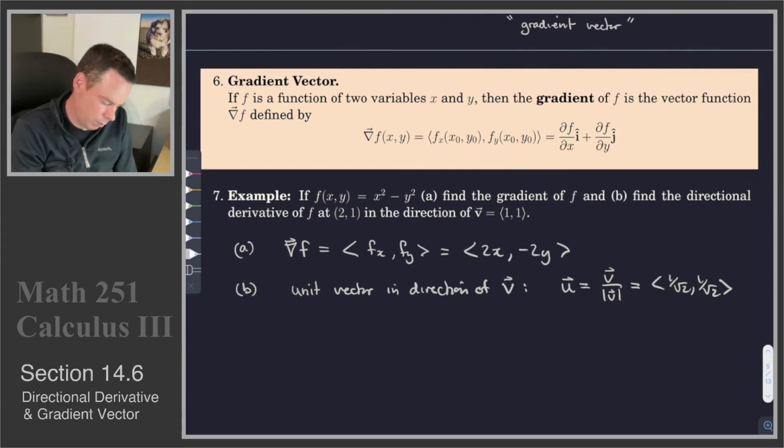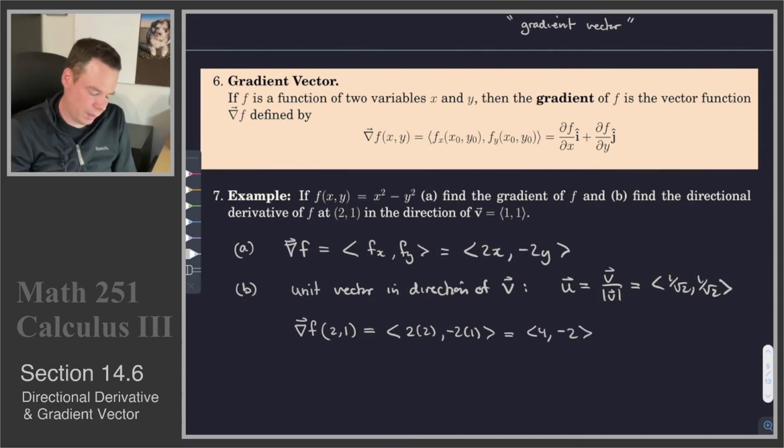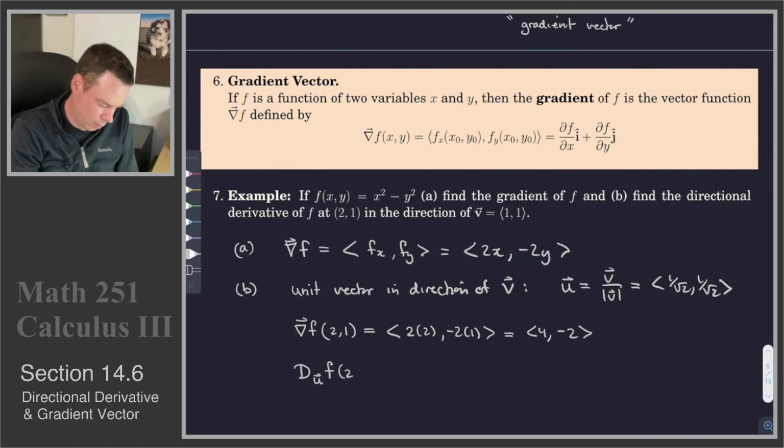And now we can go ahead and compute the gradient of f at the point in question, (2, 1). So that would be 2 times 2, and negative 2 times 1, or (4, negative 2). So there's our gradient of f at the point (2, 1). And now we want to find the directional derivative in the direction of u of f at (2, 1).